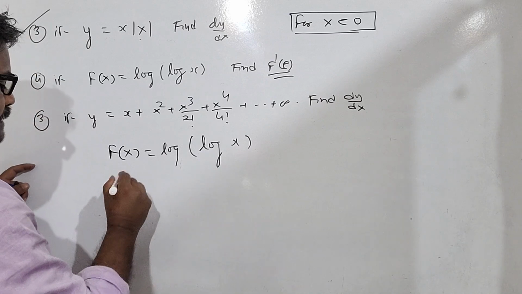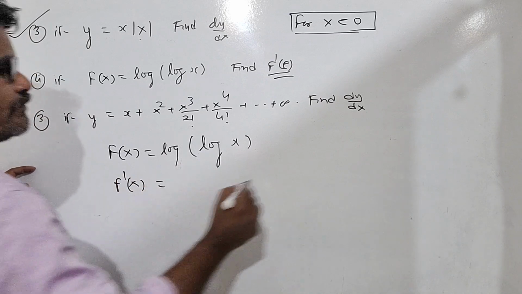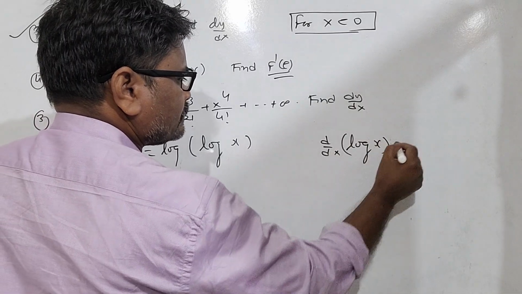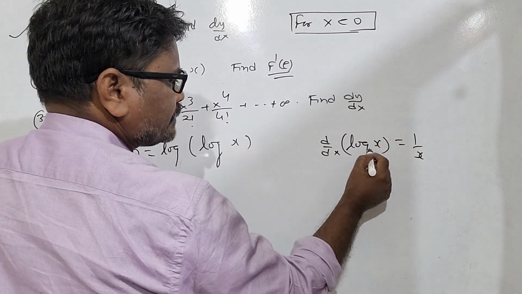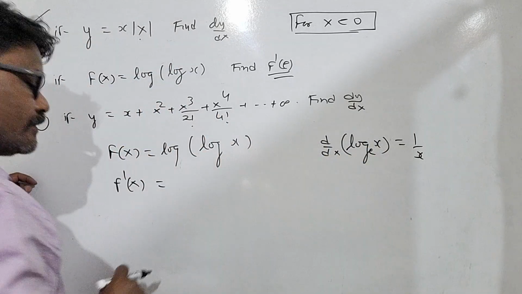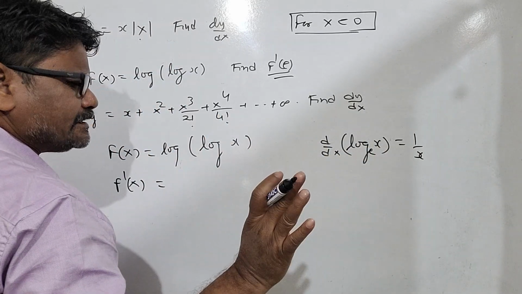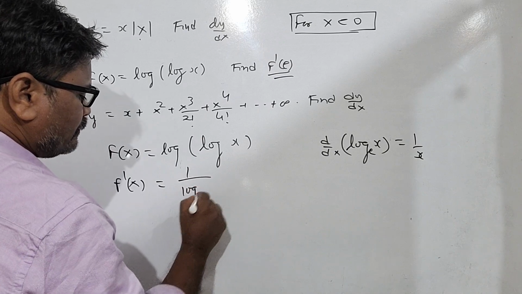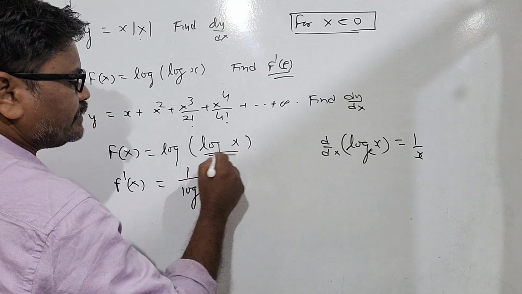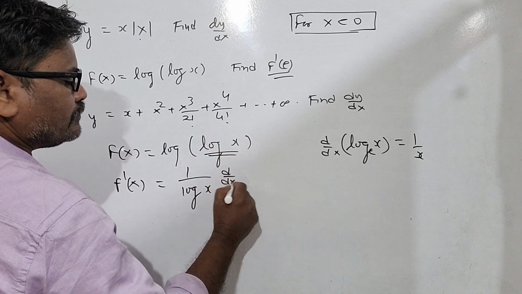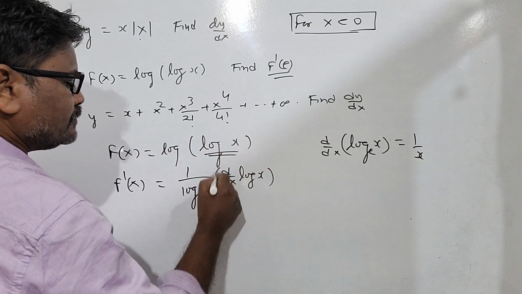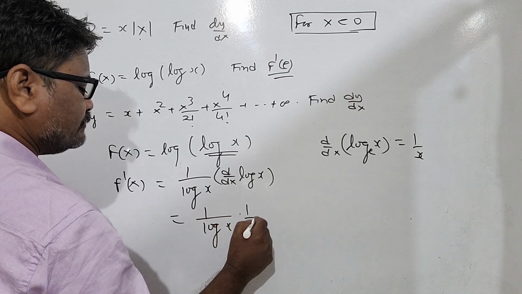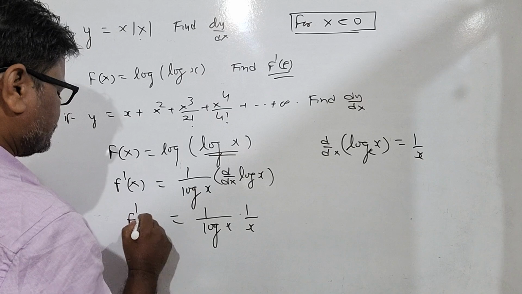So for f dash x, the derivative of log of x is 1 upon x when the base is e, mind it. If the base is not mentioned, that means the base is always e. Then f dash x is 1 upon log of x, and with the chain rule we will also have the derivative of log of x again. So this is 1 upon log of x into 1 upon x. This is f dash x.